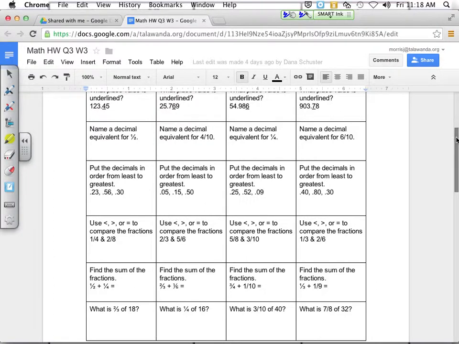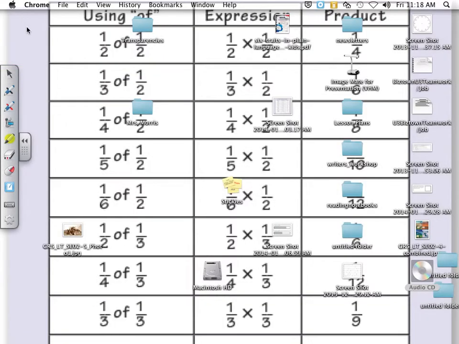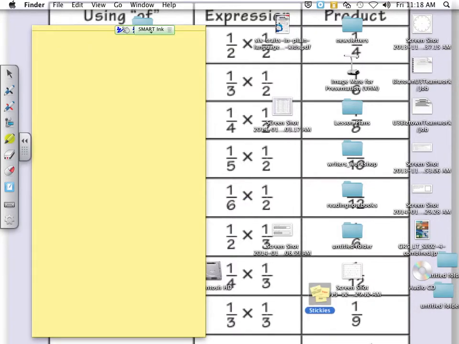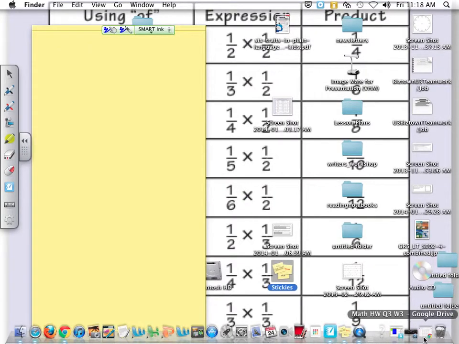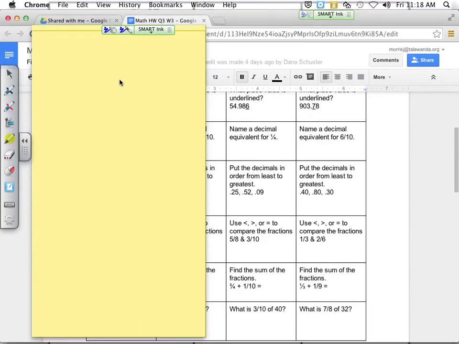Yeah. Okay, comparing fractions. Can you bring up a sticky for me, please? Thank you. All right. We're comparing 2 fractions. We have a third and 2/6.